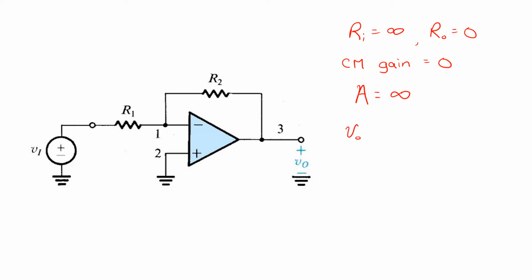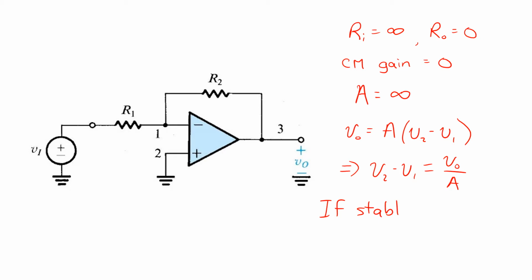If we simply write the input-output relationship here, we can rearrange it to show that the differential input is equal to the output voltage divided by A. Now, if we make the further assumption that this circuit is stable, then we can assume that its output voltage is finite.